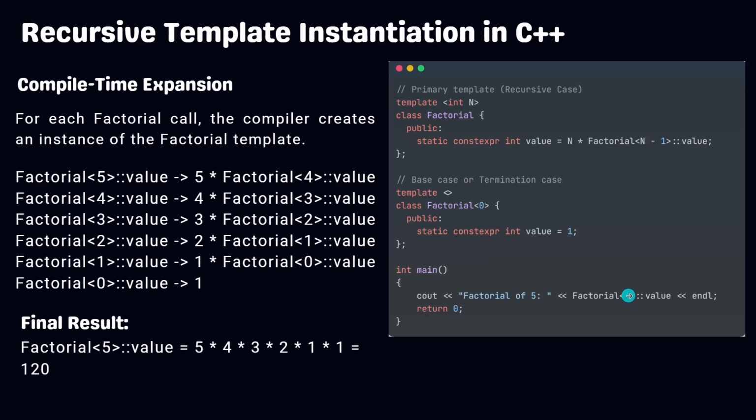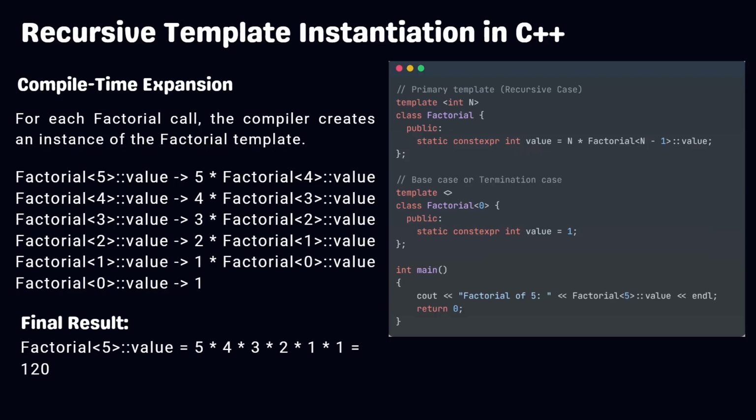Consider I have 1000 here, so it creates 1000 instances, and all these things happen during compilation. That means while compiling, when I pass this 1000, it creates 1000 instances in the background, and it takes a lot of time.